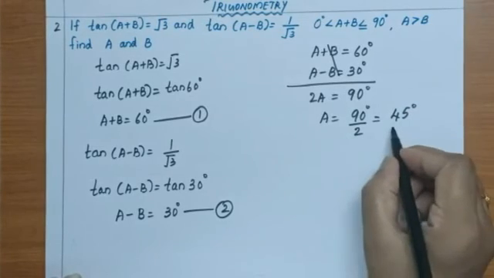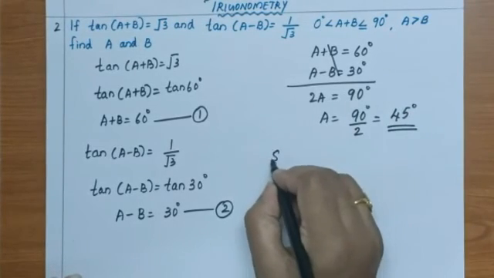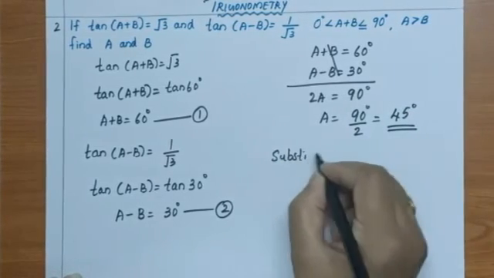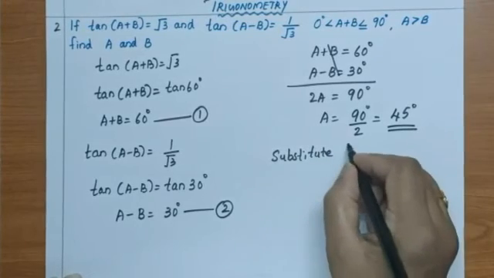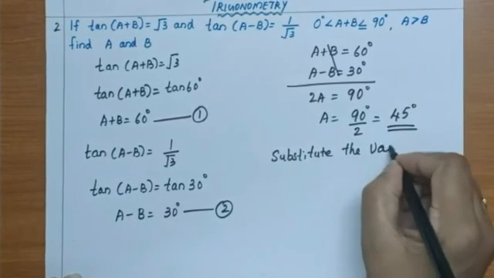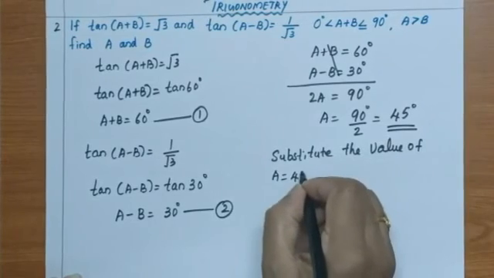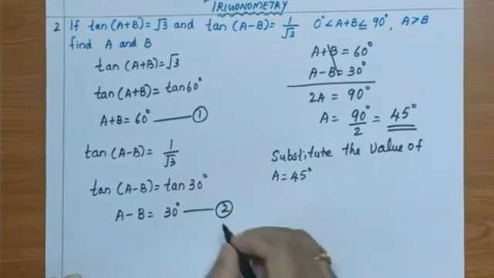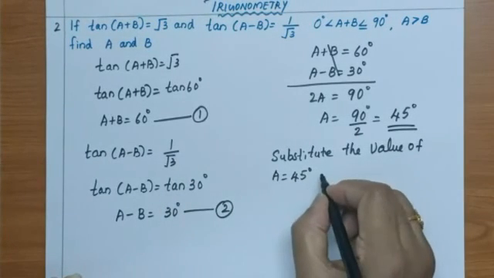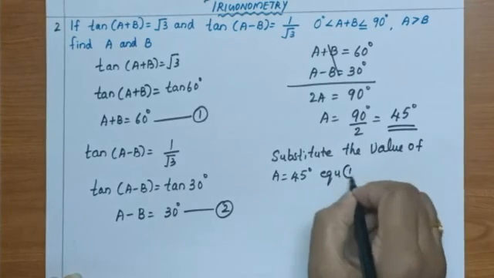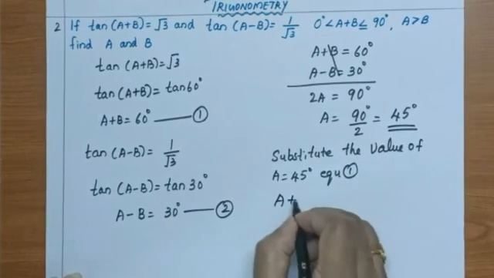Now substitute the value of a equal to 45 degree either in equation number 1 or in equation number 2. So here I am choosing equation number 1. So a plus b equal to 60 degree.